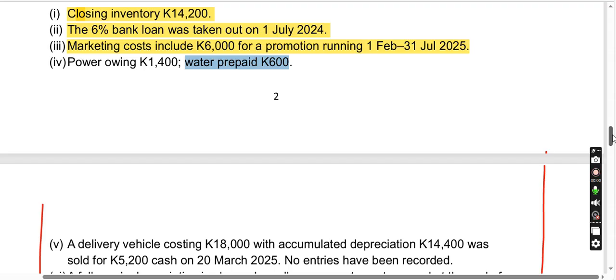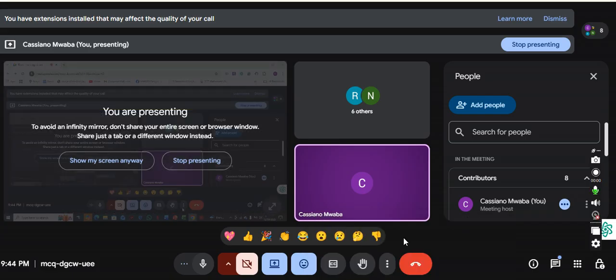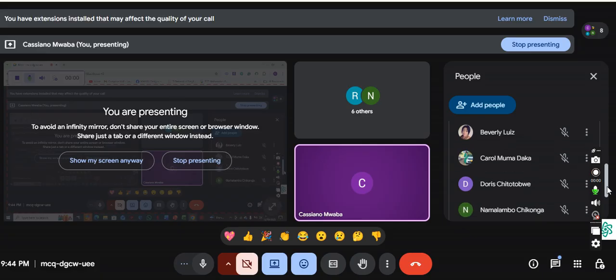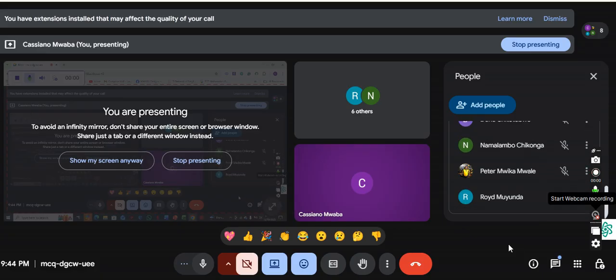And the prepayment. Mr. Roy, can you try to answer that one? Let's see who's in the class first. Mr. Peter, Madam Nama Lambo, I hope I pronounced it correctly.